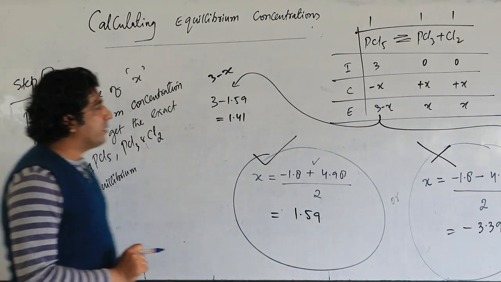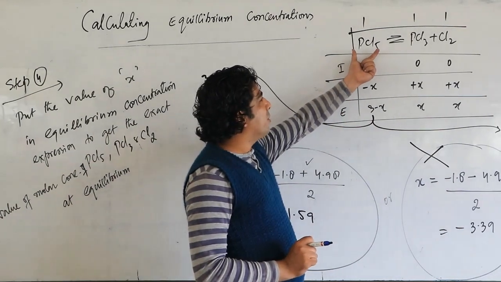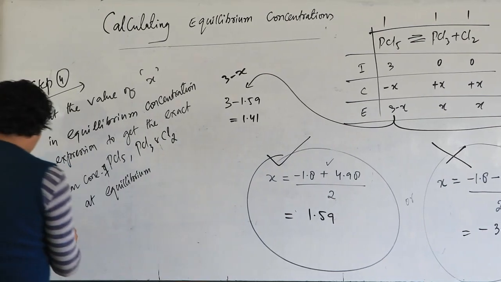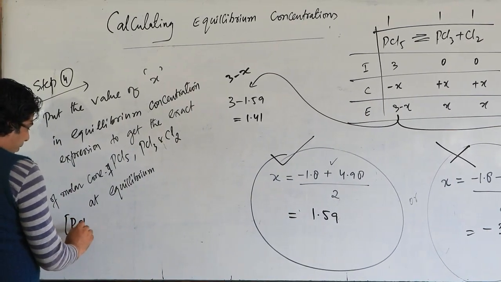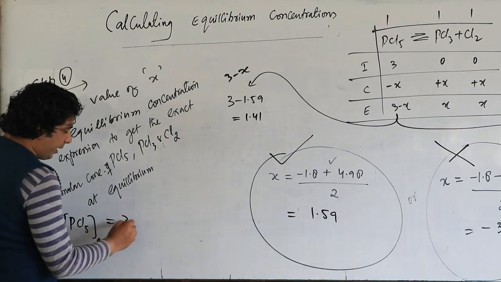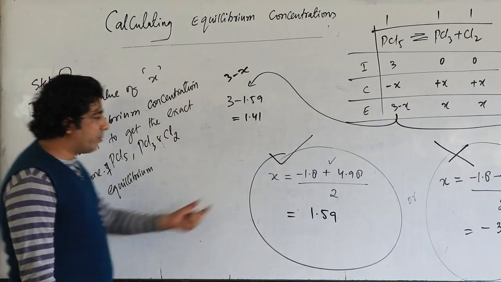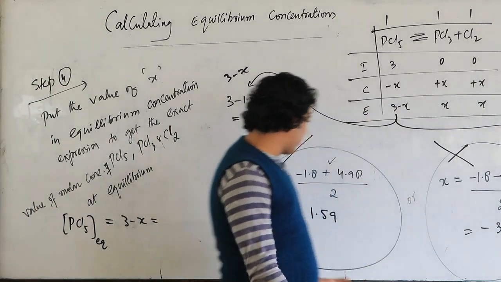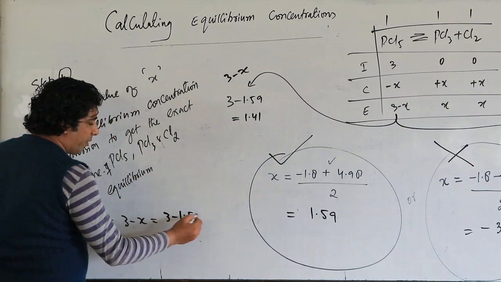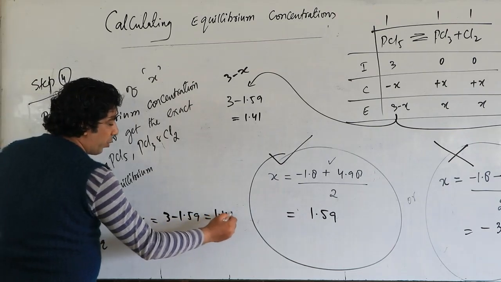You know that at equilibrium the expression for PCl5 is 3 minus X. So obviously the molar concentration of PCl5 at equilibrium is equal to 3 minus X. Out of the two X values, we have taken only 1.59. So it becomes 3 minus 1.59, that is 1.41.